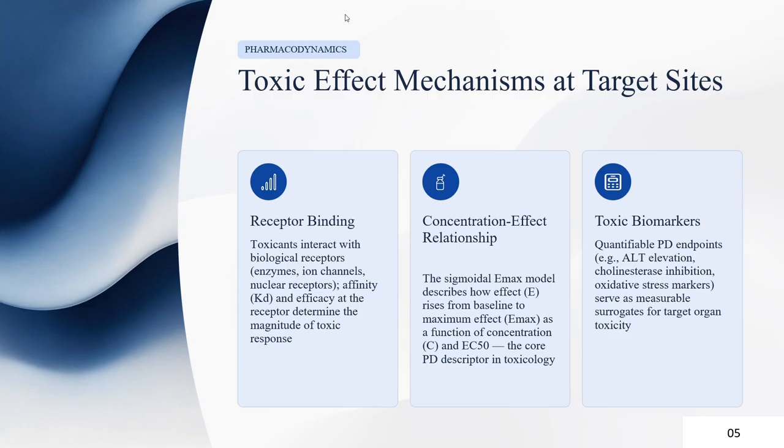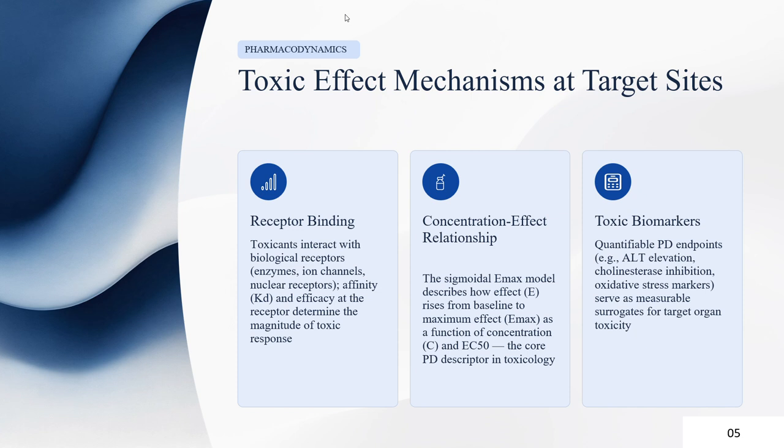The strength of this interaction influences the toxicity. That means the affinity of the toxicant to the receptor influences the toxicity. Second is the concentration-effect relationship. The toxic response generally increases with increasing concentration. This relationship is often described using the Emax model, that is, the maximum effect.